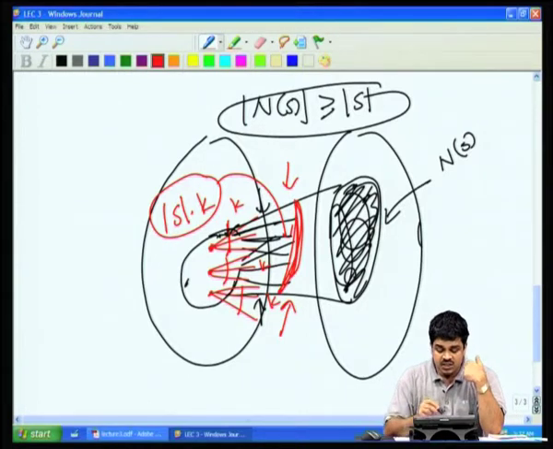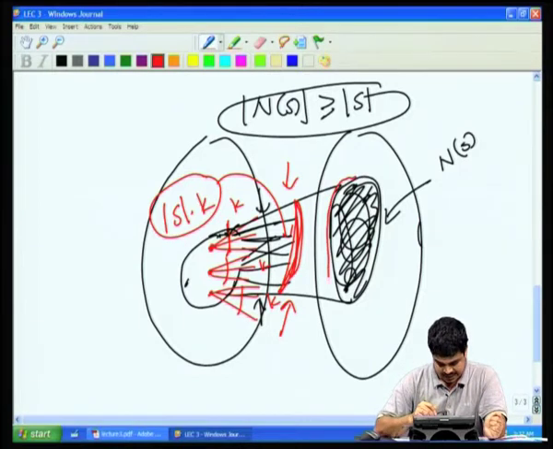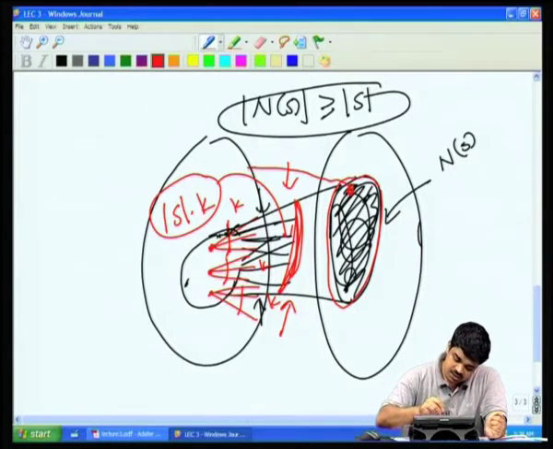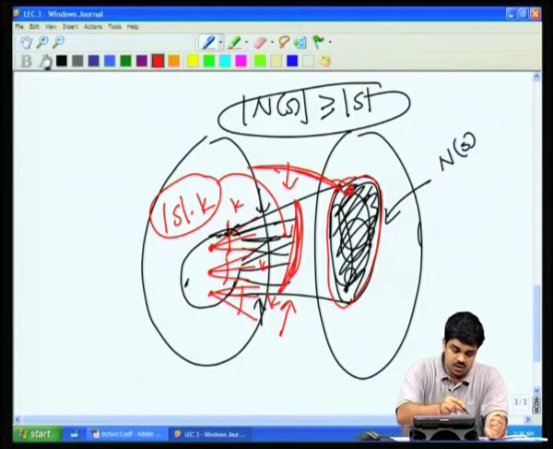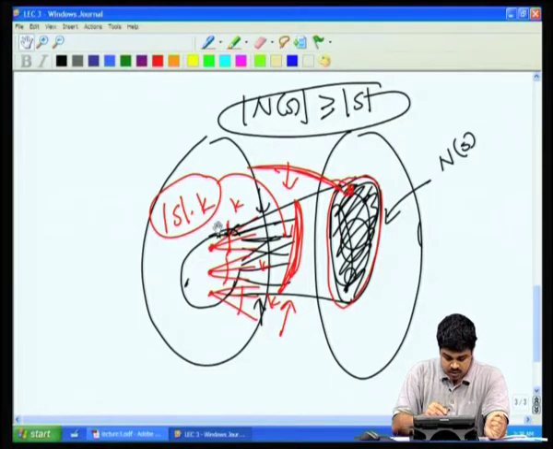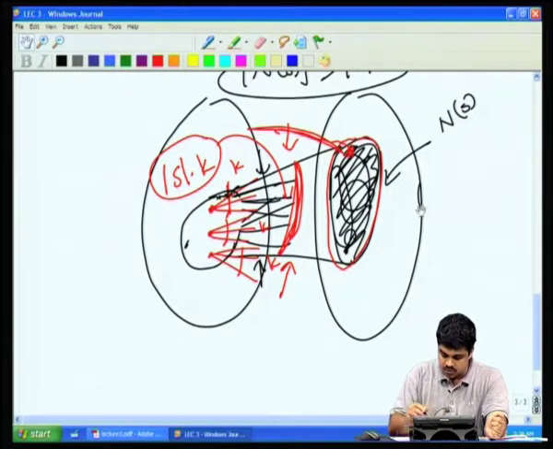Now, where will these edges go? All these edges should go into this set. It may be possible that some vertex here may have an edge going somewhere else, but any edge coming from this subset has to reach here.